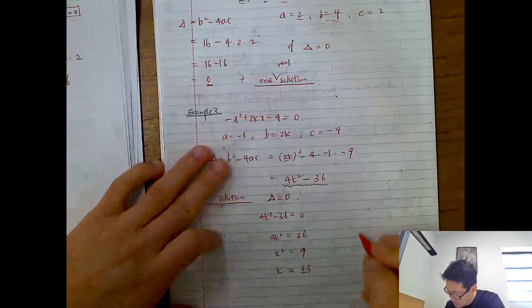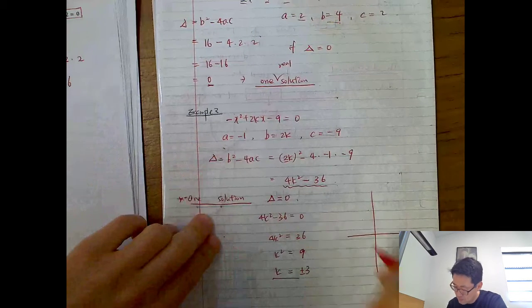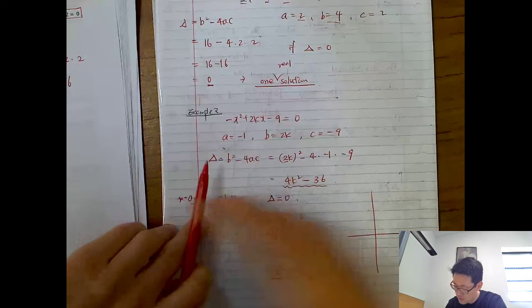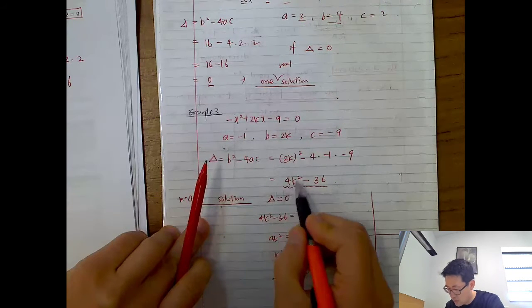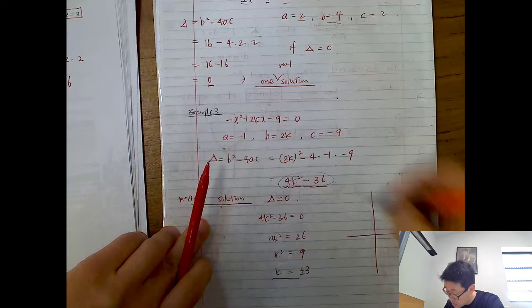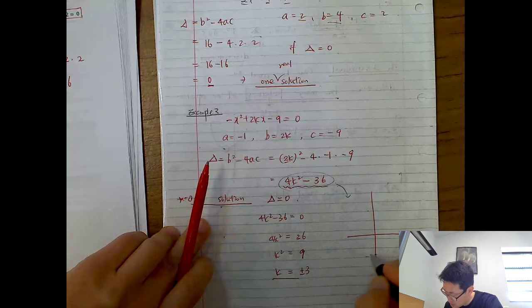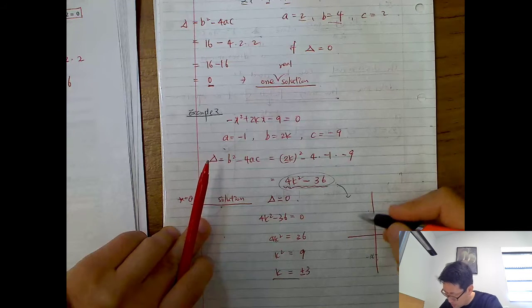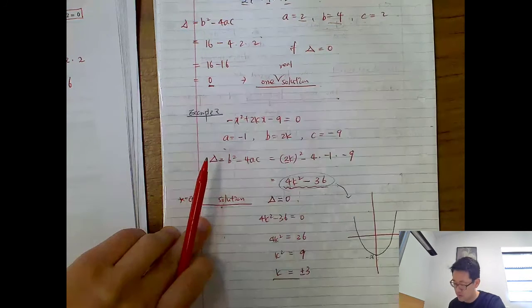Okay, then that means if I draw that, let's say this one, 4k squared minus 36. I'm drawing this discriminant here, which is minus 36. I'll have something like this. Let's say k is x.